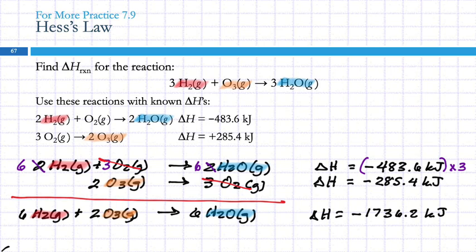But I need to get the coefficients the same. So I'm going to end up dividing by 2 again. So divide by 2, this becomes 3. Divide by 2, that becomes 1. Divide by 2, this becomes 3. And then I'm going to divide this by 2.